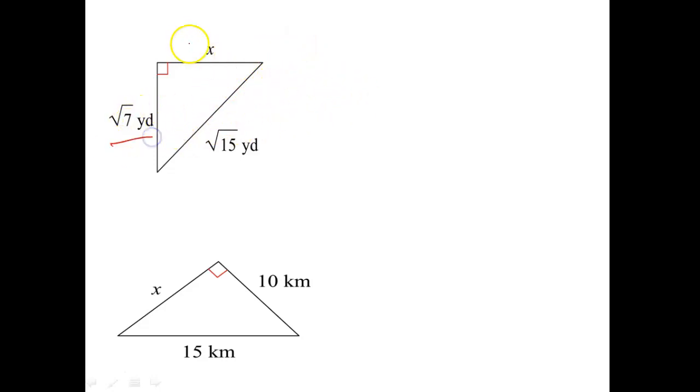I have my A, my B, and of course my C is always across opposite my right angle. So A squared is the square root of 7 squared plus x squared equals the square root of 15 squared.